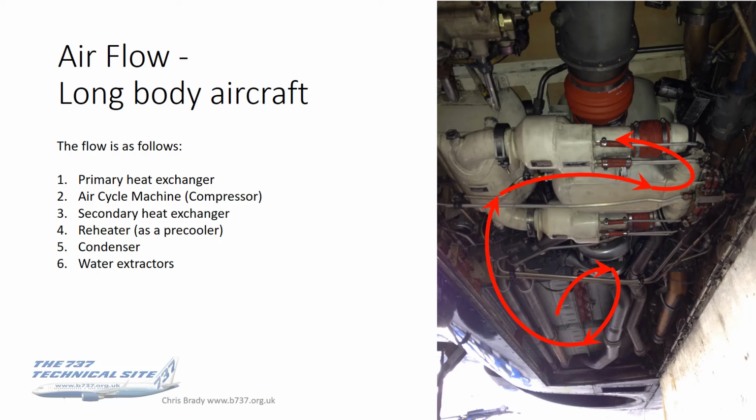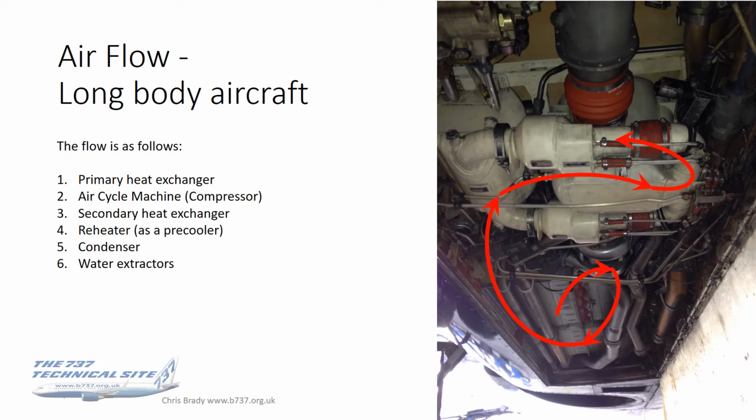Now, if you just see at the tip of that last arrow, at the bottom of the water extractors, there are actually two tubes coming out of each water extractor. Those tubes take the excess water out. Now, that water isn't wasted. Boeing cleverly designed this so that the water is then taken, and on the end of each pipe is a nozzle, and that nozzle feeds into the ram airflow.